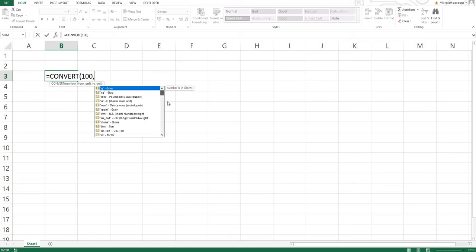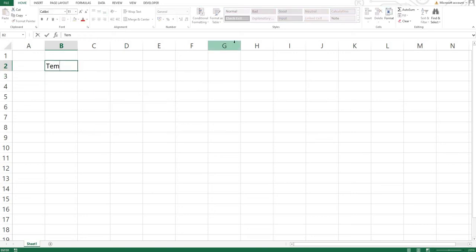Now it has a lot of conversion units which are built in, and for this tutorial I'll focus on probably 3 or maximum 4 most practical ones which I usually come across. First would be the most common, temperature, wherein from degrees centigrade I would want to convert a particular value into degrees Fahrenheit.